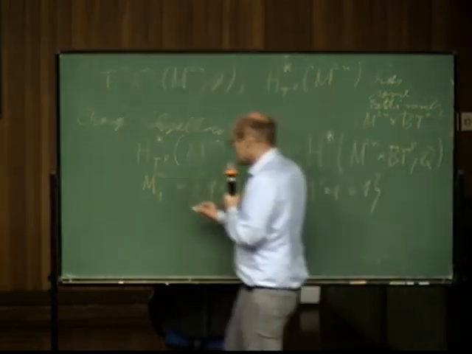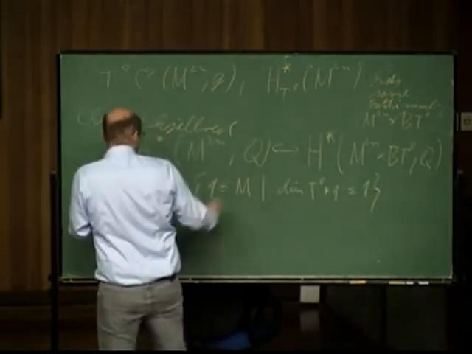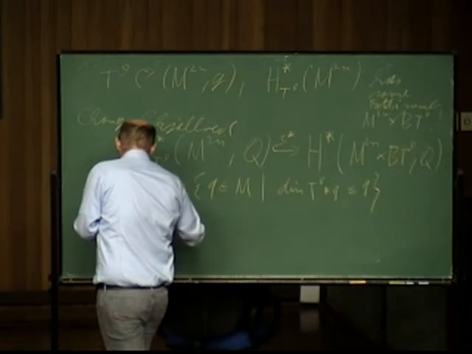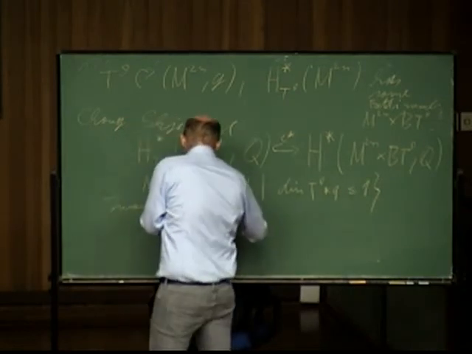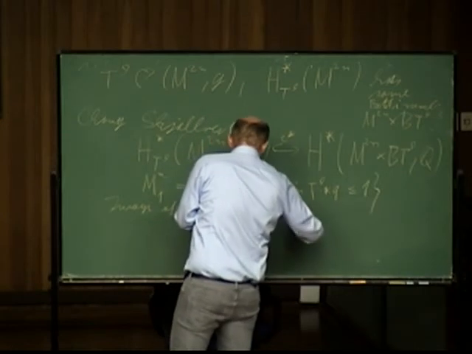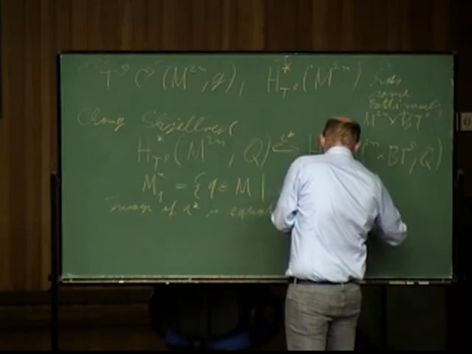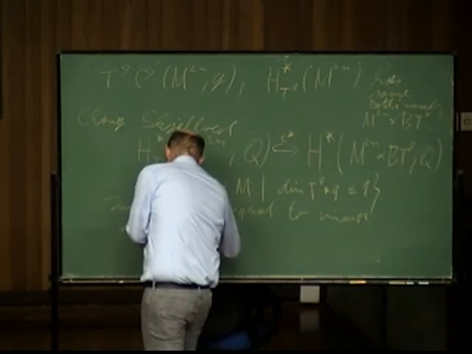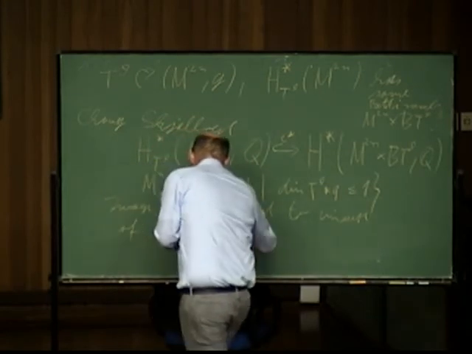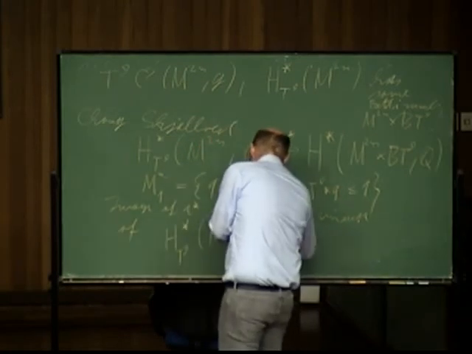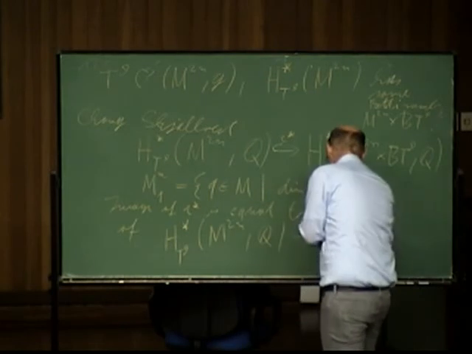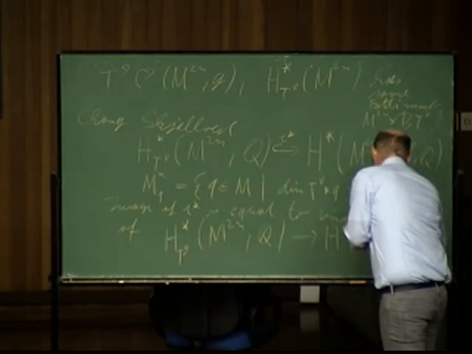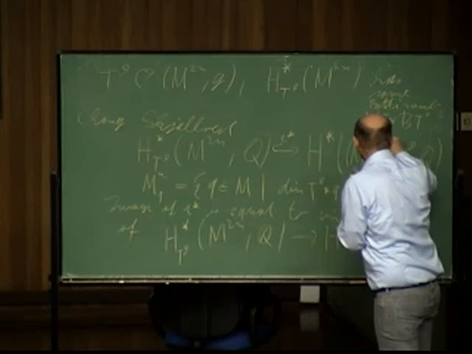And so then one of the results says that the image of iota star is equal to the image of H^*_{T^9}(M^{2n}; Q), and then you look at H^* into the fixed point set again, H^*_{T^9}(M^{T^9}).